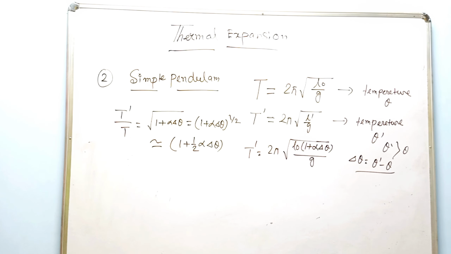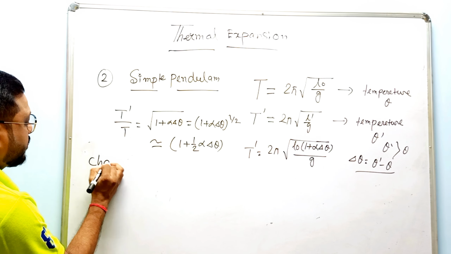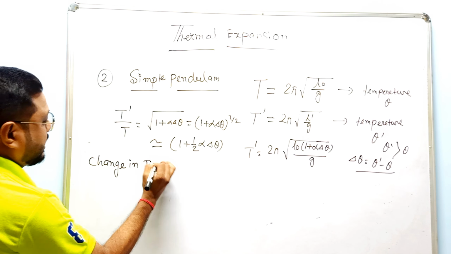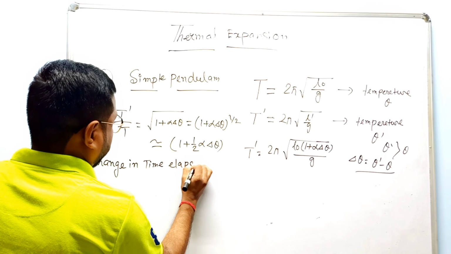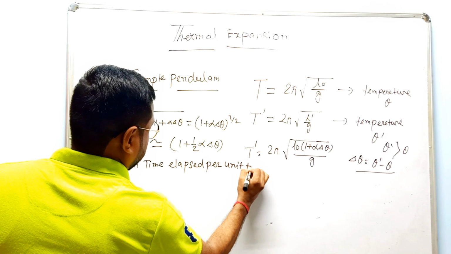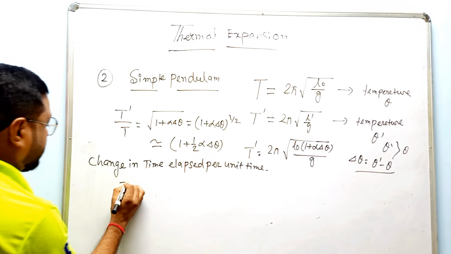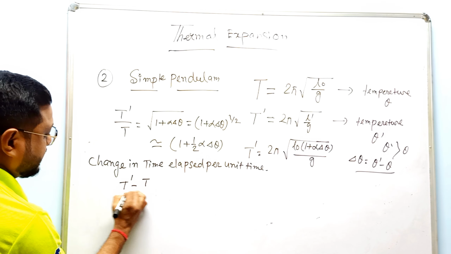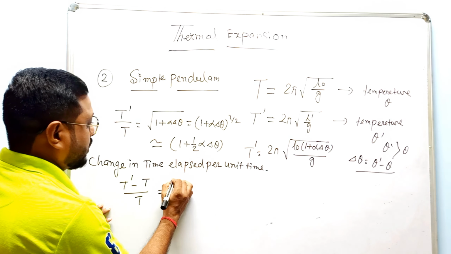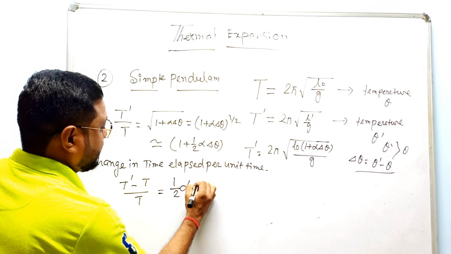So the change in time elapsed per unit time, that is T dash minus T divided by T, must be equal to half alpha delta theta.